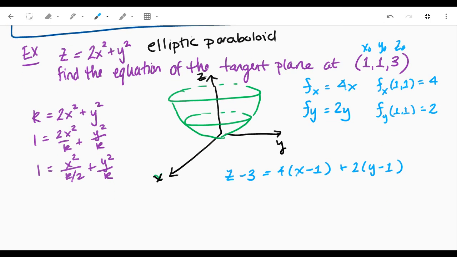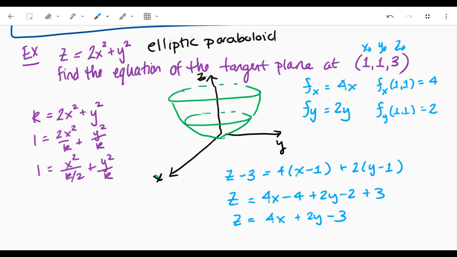It's always good to expand that. So z equals 4x minus 4 plus 2y minus 2 plus 3. So we would have 4x plus 2y minus 3. Okay. Now our next step would be to use that to make some approximations.